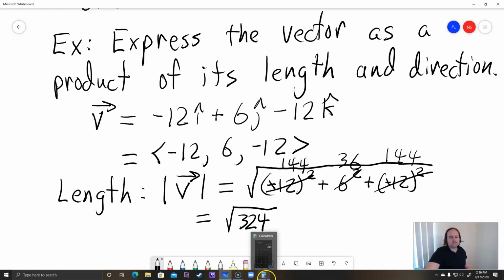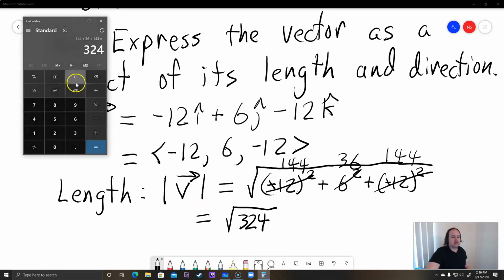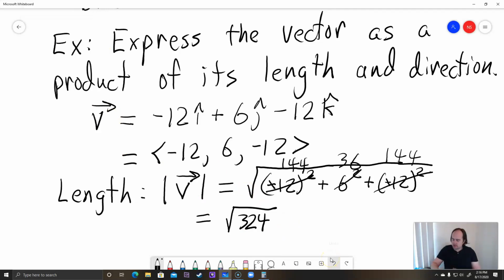And let's see if that simplifies on the calculator. Press the square root button. The square root of 324 is actually 18. So I press this little square root button right here. So the square root of 324 is 18. So that's the length of our vector. Our vector is length 18.